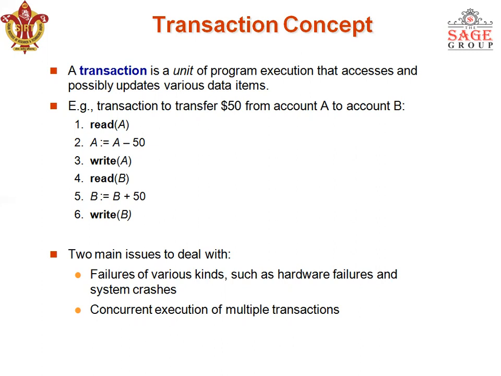Means basically a transaction is a group of operations. Here we have seen the deduction of $50 from account A, then it will be credited into the account of B. So basically a transaction is a group of operations.